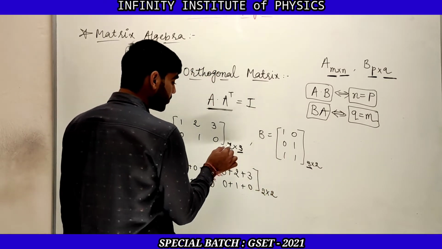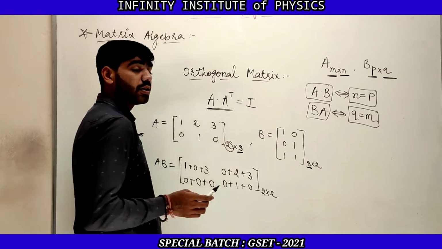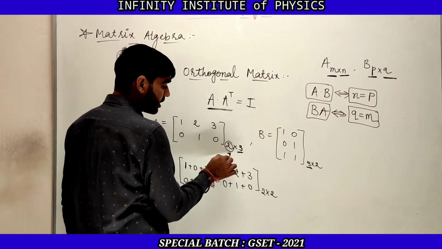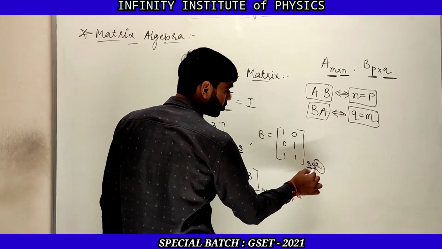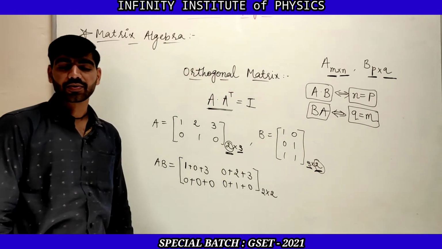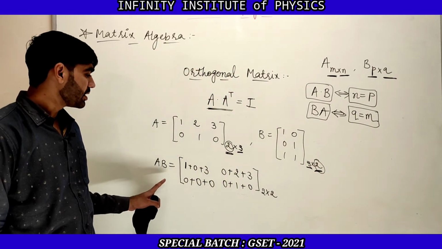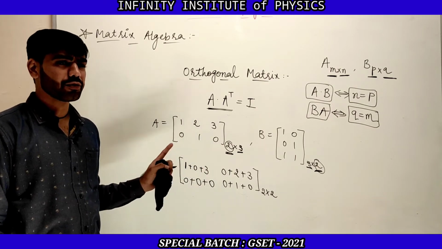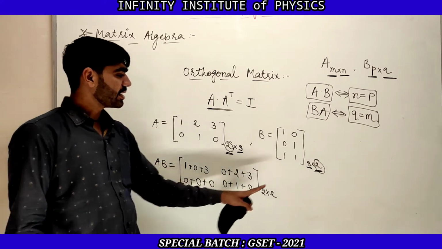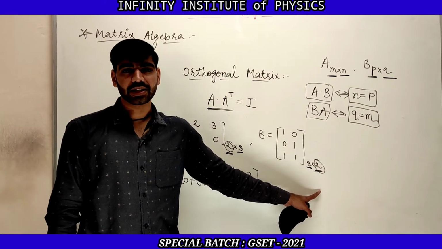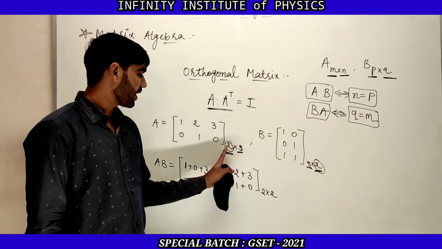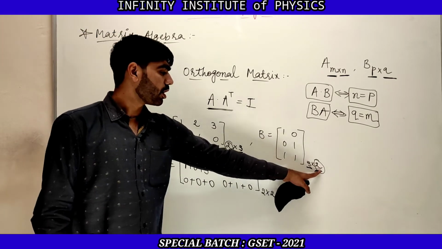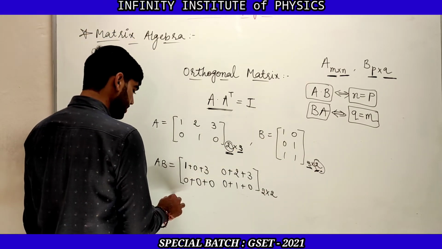And where does that 2 by 2 come from? A into B will be a matrix in which there are 2 rows and 2 columns. The new matrix has the same number of rows as matrix A and the same number of columns as matrix B. So the 2 by 2 comes from this: the number of rows comes from A and the number of columns comes from B. So let us simplify it.